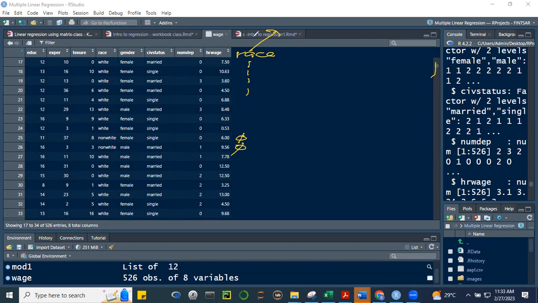Okay, so yung dummy variables na i-introduce will be k minus 1 dummy variables. Ano yung k minus 1? K refers to the number of levels. Okay, in this case, ang number of levels natin dalawa. White at saka si non-white. Diba? So kung dalawa yung levels natin, 2 minus 1, that will only be 1 dummy variable.